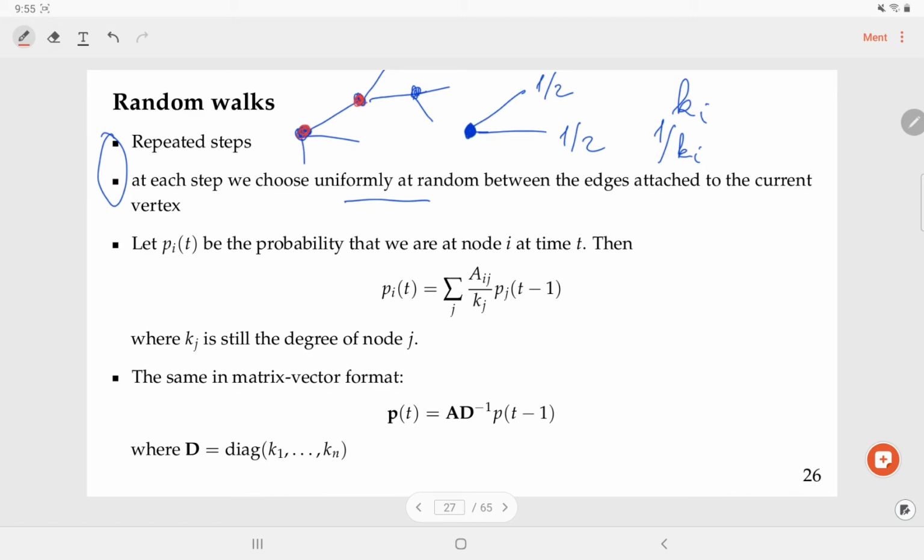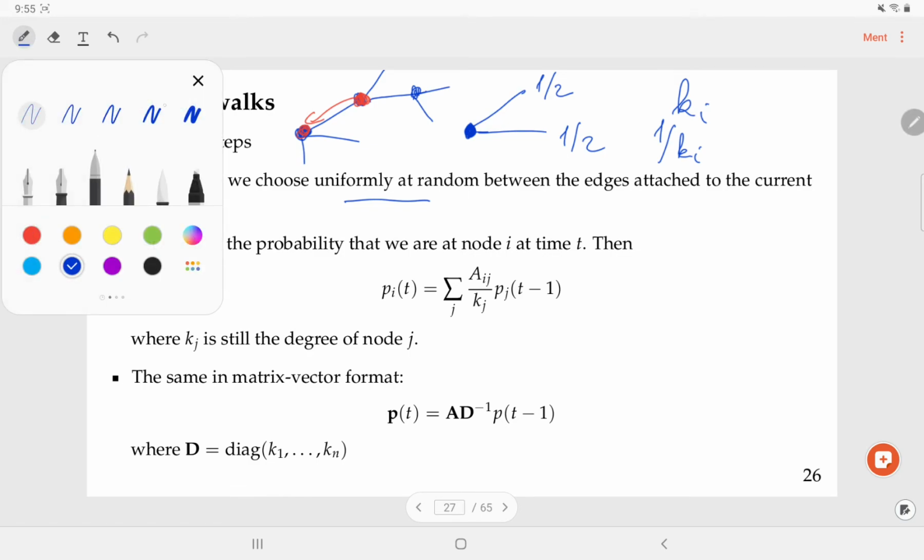Then again, on this very node, we have three choices, because it has three edges. And of course, it can happen with a probability of 1/3 that we move back to the node from which we started. So that's also possible. That is a random walk on graphs.